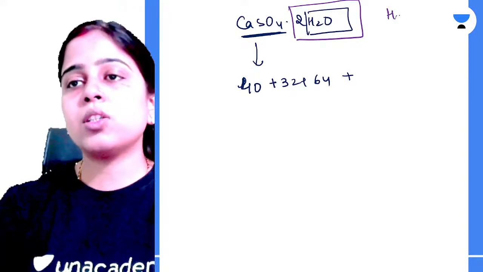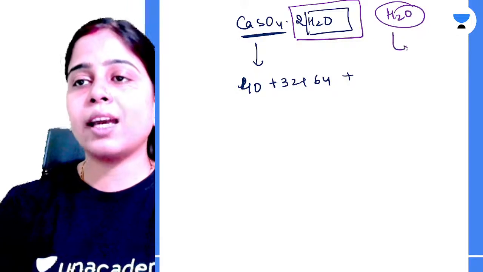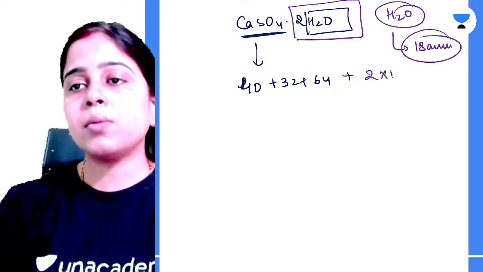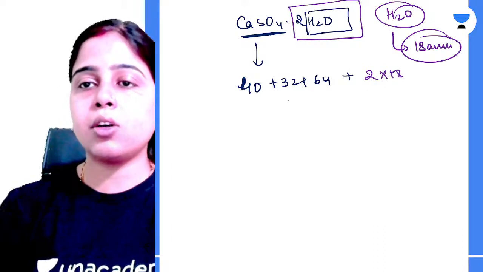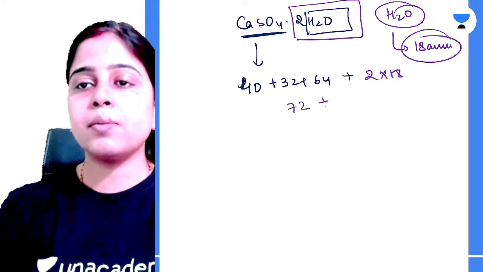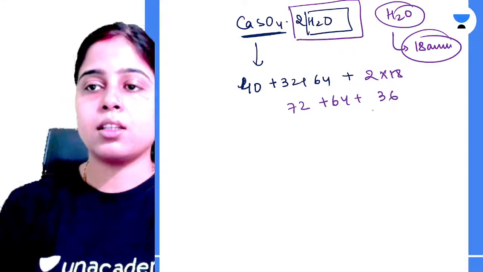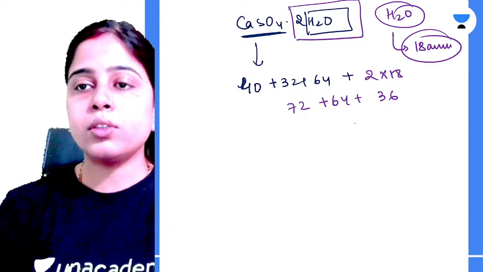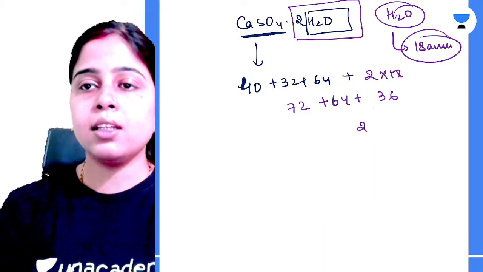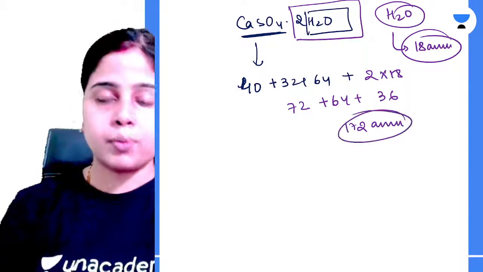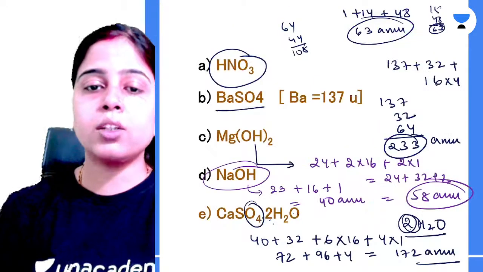The molecular mass of one water molecule is 18 AMU, so 2 water molecules will have 2 into 18, 36. Add it all: 40 plus 32 is 72, plus 64 is 136, plus 36, so 172 AMU. So you can do it like this also.